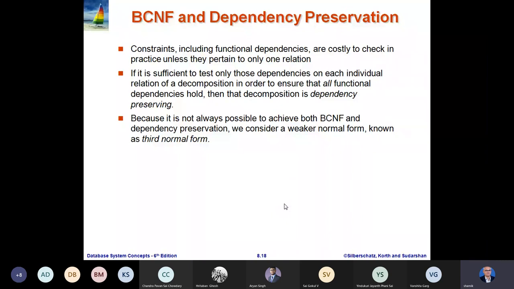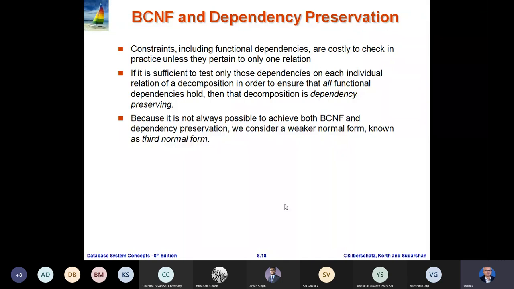If that is the case, then this decomposition is not what we call dependency preserving. The problem is that, as we'll see in some examples, when you try to decompose it, we don't always get a dependency preserving decomposition.